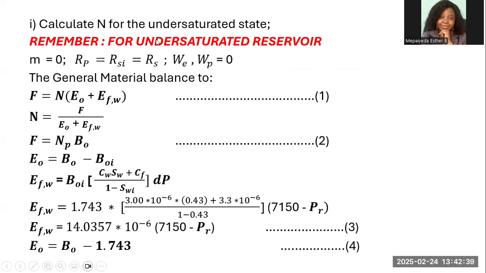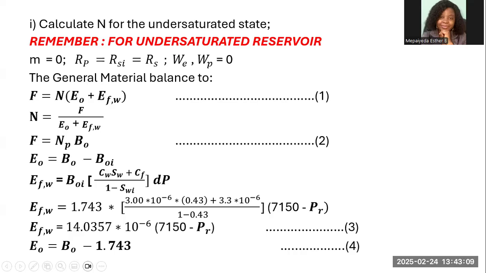So remember, before I go on, let me mention that you're going to be calculating N for this question, but we are going to be treating the question in two phases. We'll treat the undersaturated state of that reservoir and the saturated state of the reservoir. We know that the reservoir pressure reduced up to a certain point and crossed to the saturated state.